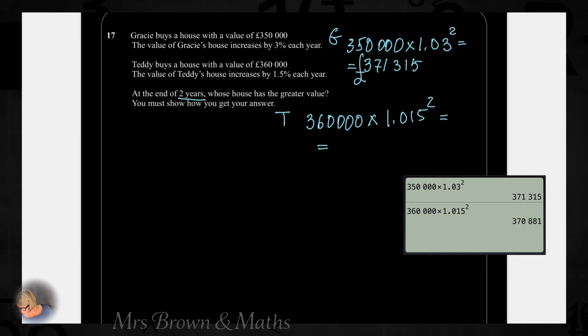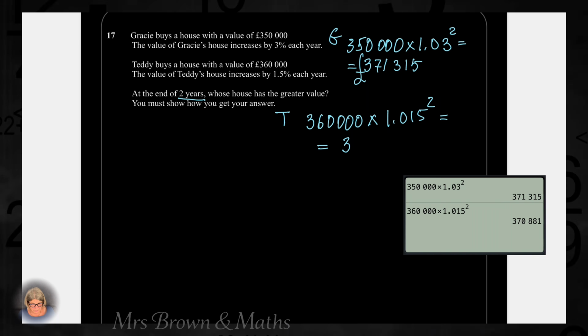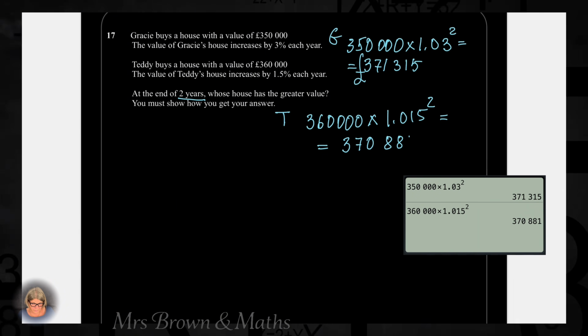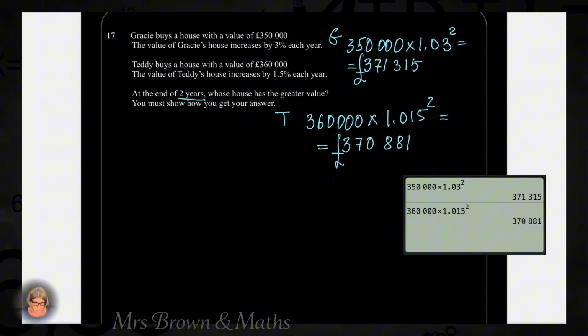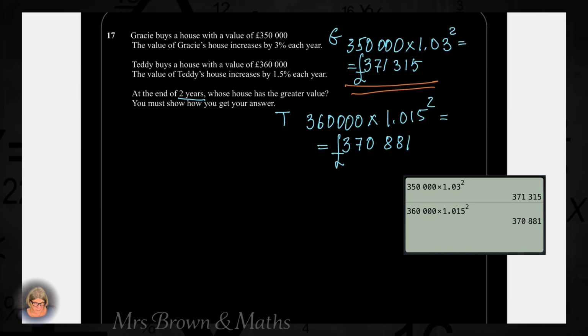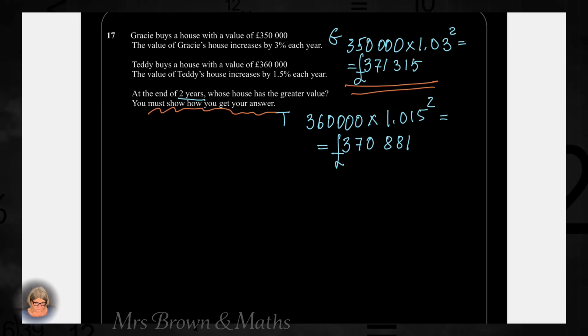So the price will be 370,881 pounds. So obviously Gracie's house has the greater value. And don't forget, all these workings must be shown, otherwise you will lose your marks. 4 marks, no way, you must show it.